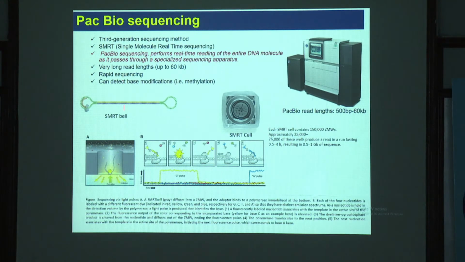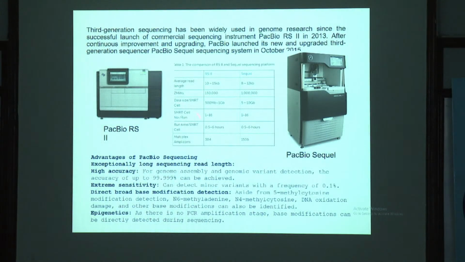Once you put your template to be sequenced here, your nucleotides are labeled with different fluorescence. On the basis of fluorescence, it will be recorded. And there are two different variants of this, PacBio RS II and then Sequel.